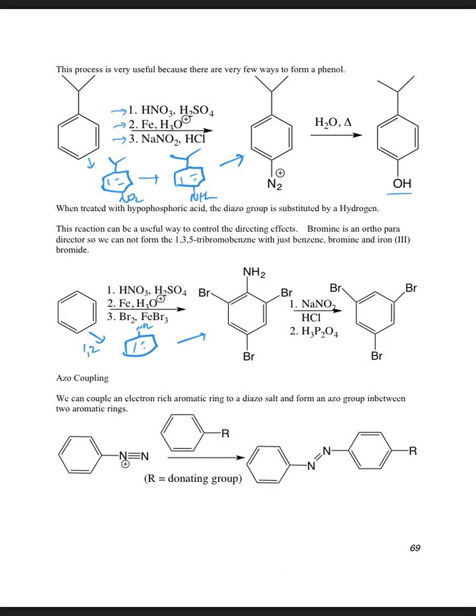The other thing we can do with the diazonium salts is we can make a diazo coupling where we end up with a nitrogen-nitrogen double bond in between 2 aromatic rings. The ring that attacks has to have an R group on it that's a good donating group. Okay.